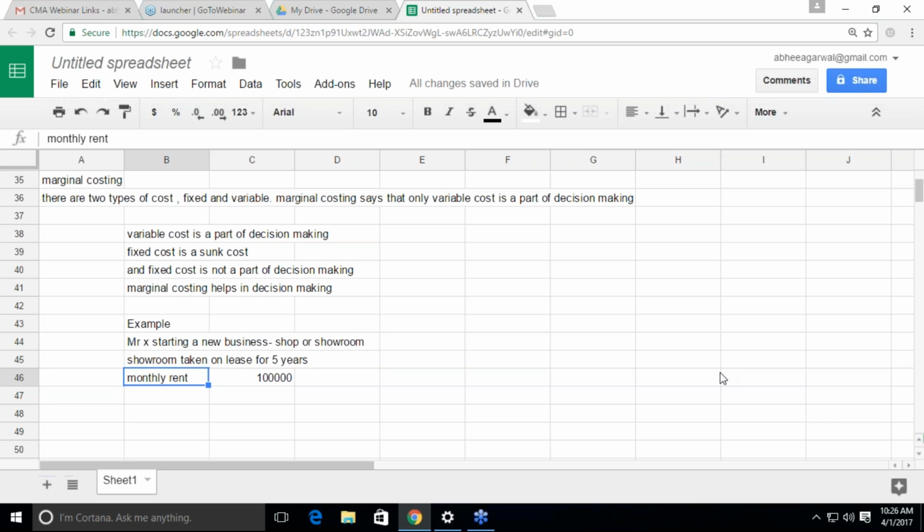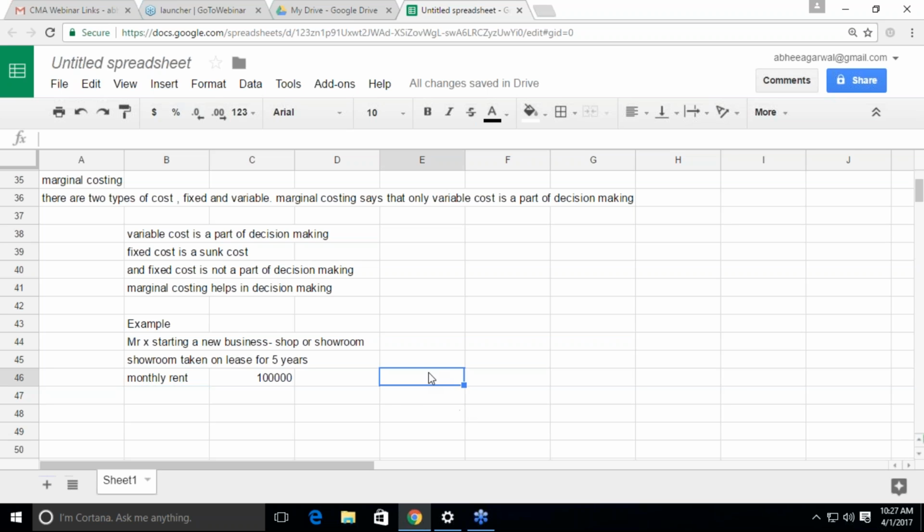Whether we want to produce the goods or not is not based on this expenditure. Obviously, if you do not produce the goods, you still have to pay the monthly rent, and it will be a loss for you. That's okay, but whether you want to produce or not, this cost will not play a part.